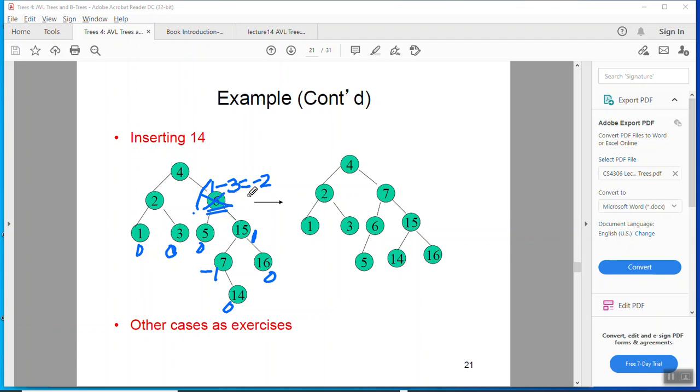So now where the problem occurs, due to the insertion of 14, wherever the problem occurred, we will look at it.